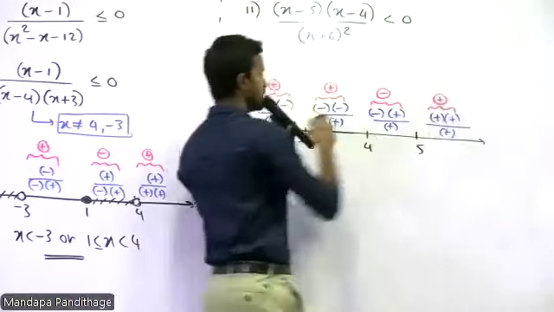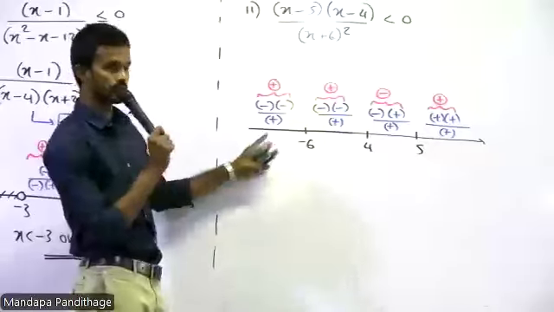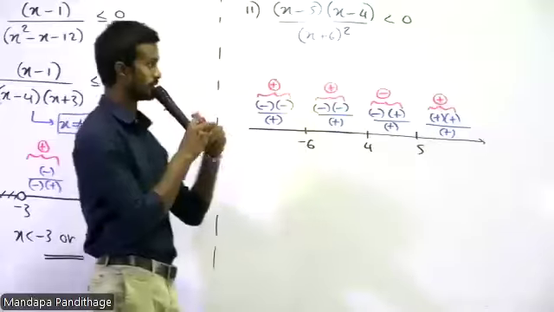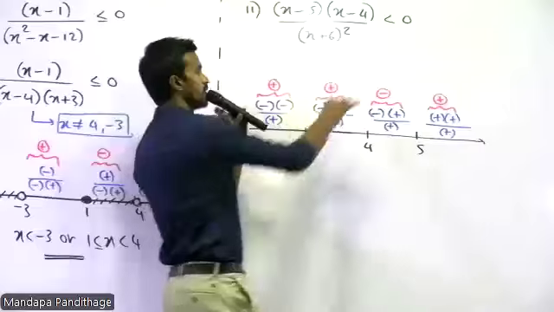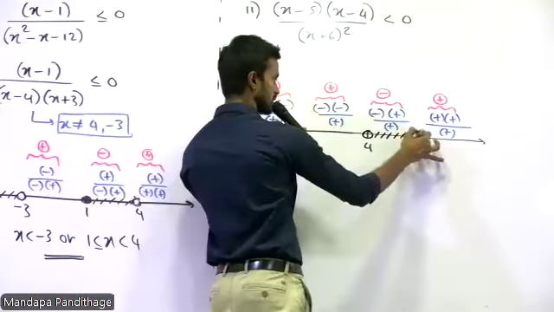But now you can see there is a change in the pattern. So far, in every problem that we did, the pattern was plus, minus, plus, minus. But here it's plus, plus, minus, plus. We have to find the range that is negative, and it's negative in this region.